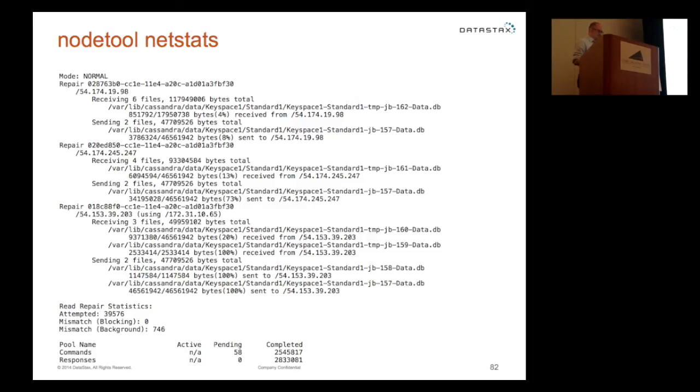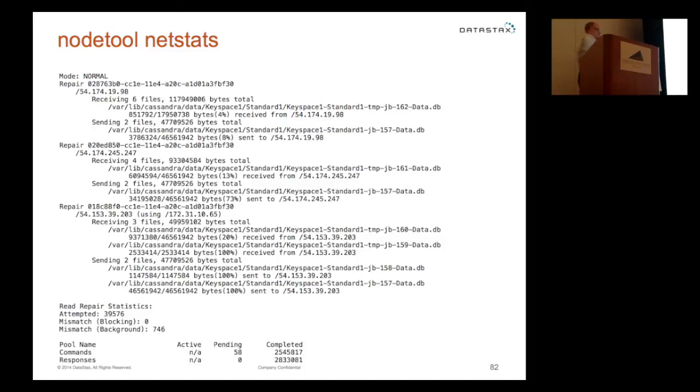So next up, you've got nodetool netstats. This is going to show you primarily your streaming activity, and that's what's highlighted here. That can be broken down first into the repair session ID, which is the unique ID of the repair session that these streams are for. Then you've got the IP address of the node that it's exchanging data with.